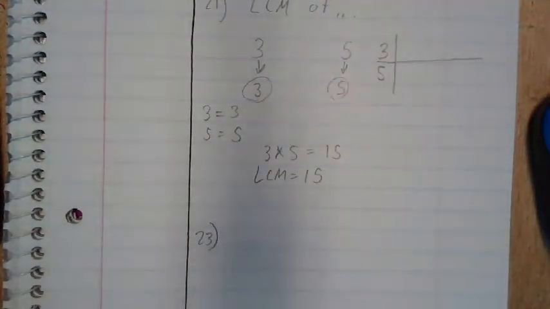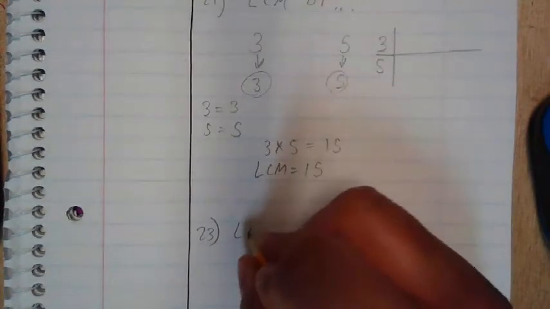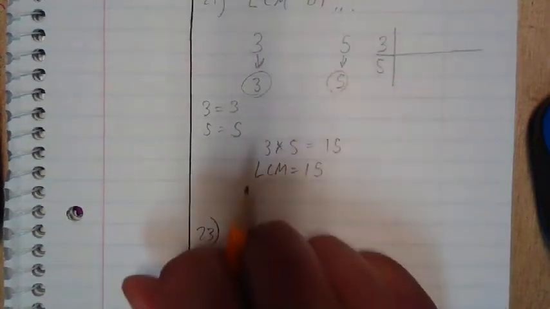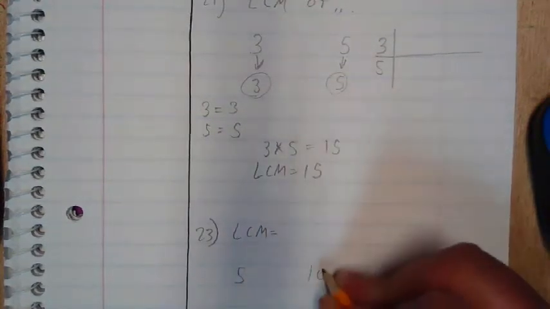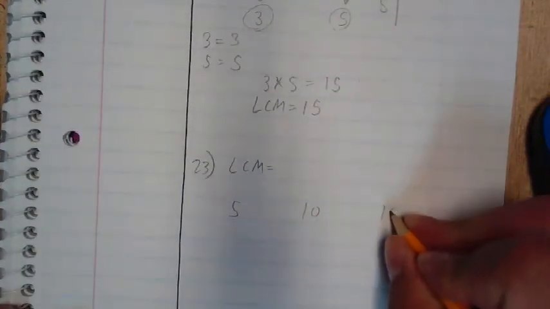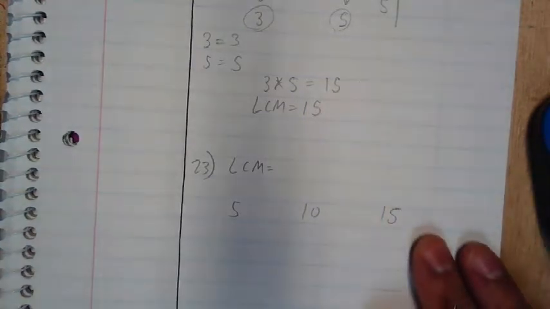We're going to go ahead and do number 23. And it's another LCM problem. Least common multiple. I'm going to write down LCM, so I don't forget that's what we're looking for. 5, 10, and 15. Now look, just a quick reminder.